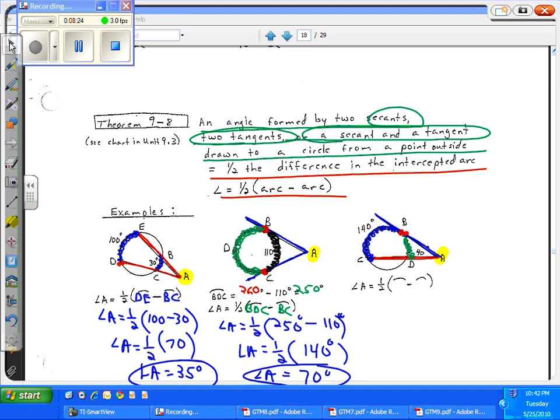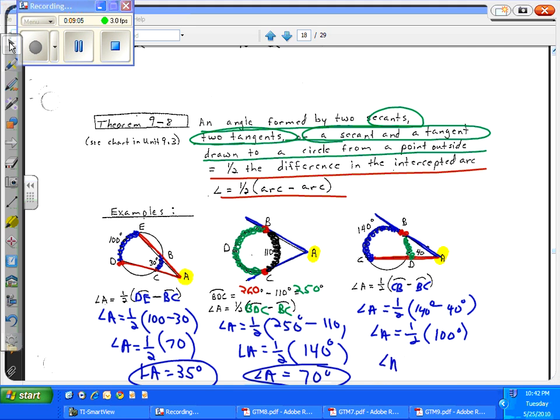And so angle A is 1/2 of arc CB and arc BD. So angle A is 1/2 the difference in their measures. Their measures were 140 and 40. So angle A is 1/2 of that difference, 100, half of which is 50.